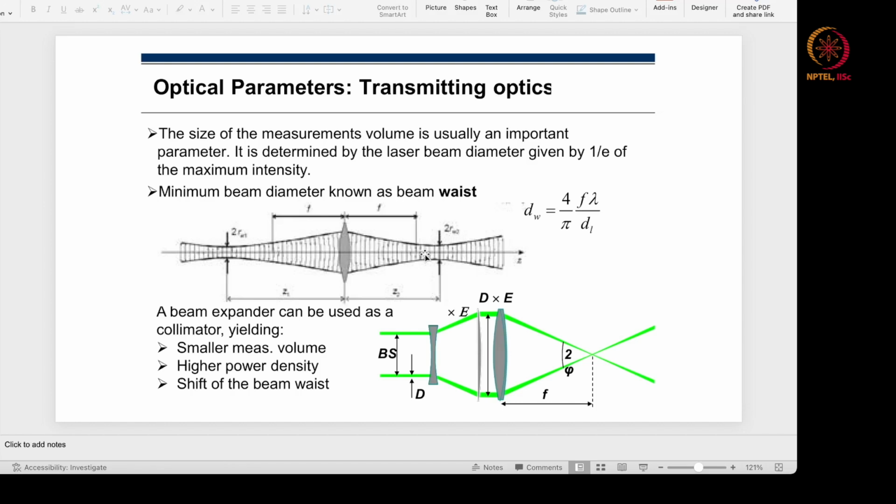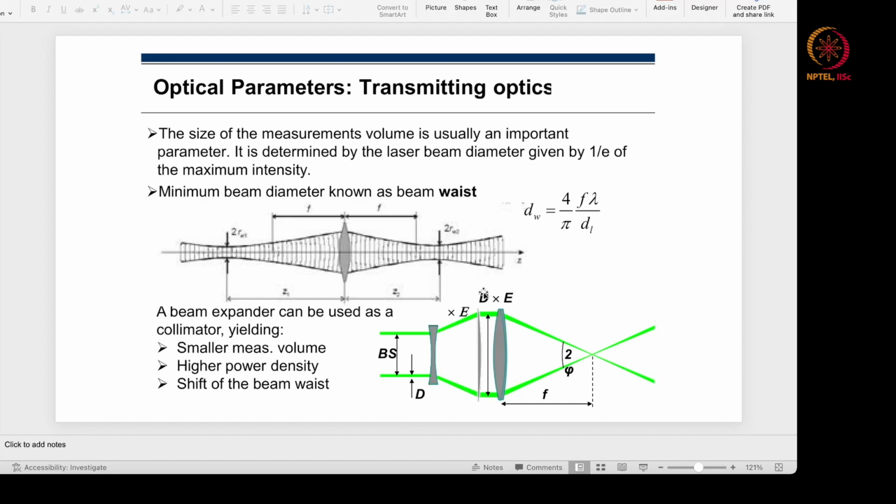In order to achieve this, you need a very large D, because all the other things are kind of given. So this large D can be attained by using a beam expander, which is used as a collimator. It actually expands the beam out, and therefore you can focus it to a much smaller location. So this is rather interesting.